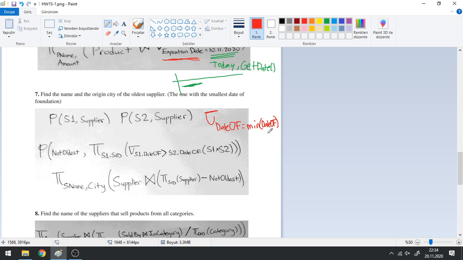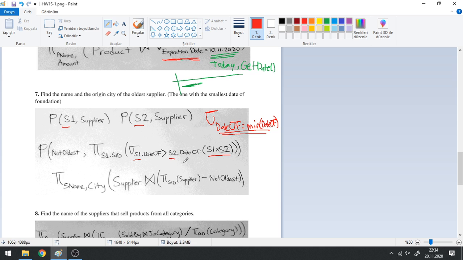And in the lecture, to find the minimum or the maximum, what we need to do is first the Cartesian product. According to that Cartesian product, we are making this cross product with the same table, so we need to give different names to the different instances of these tables.